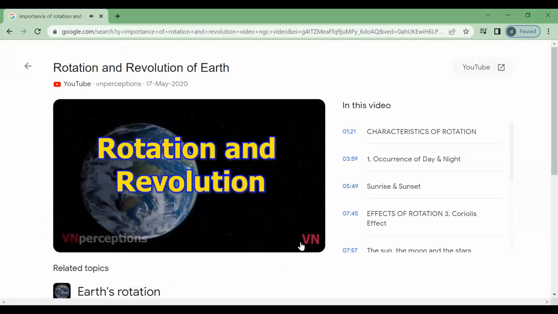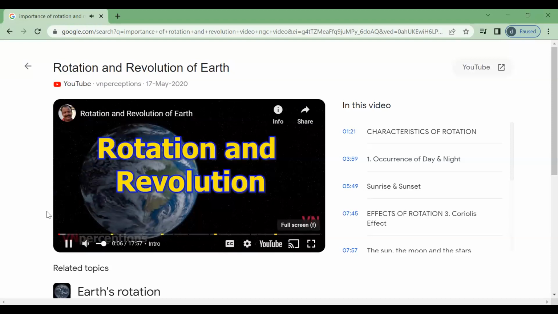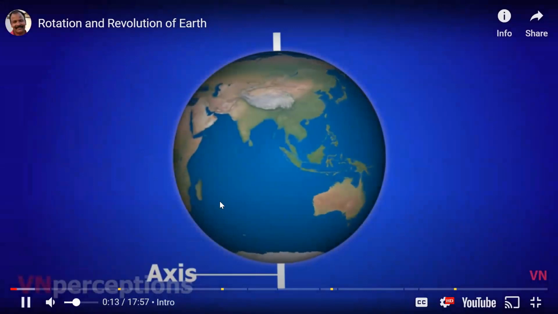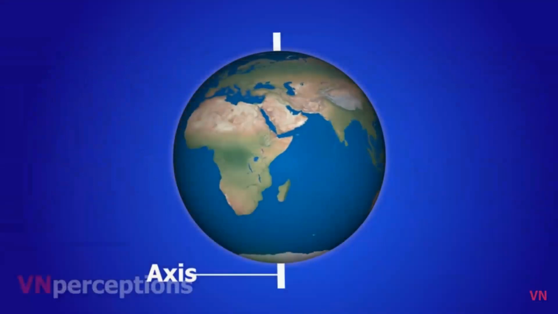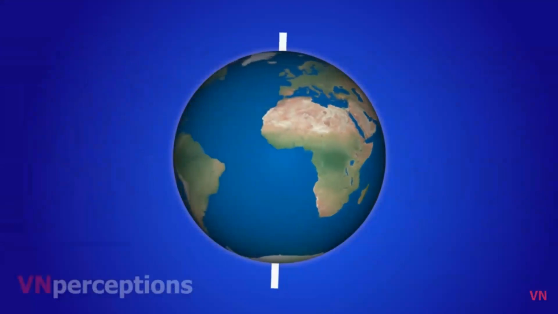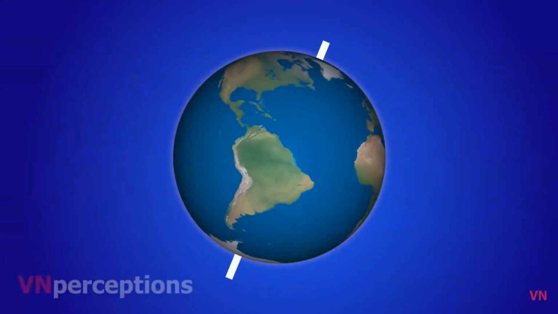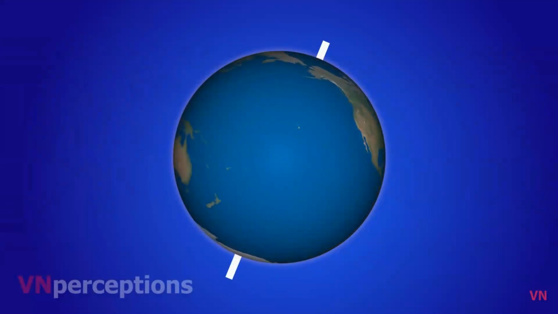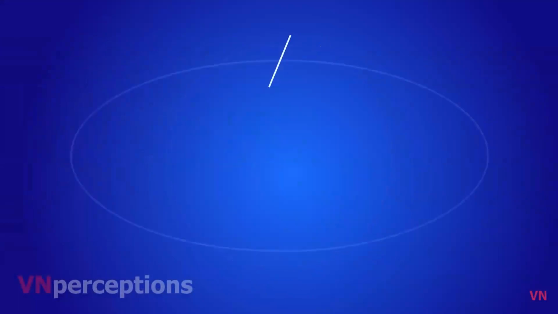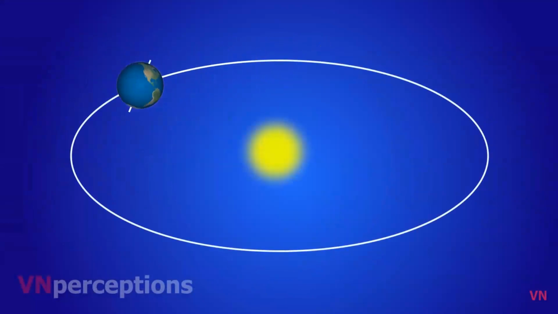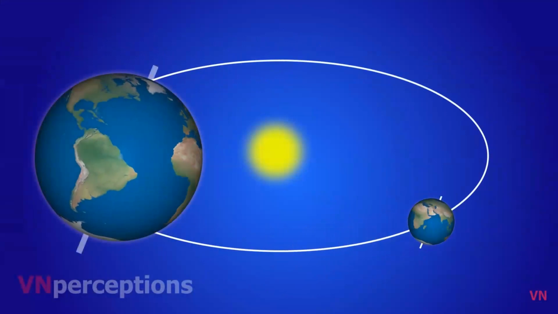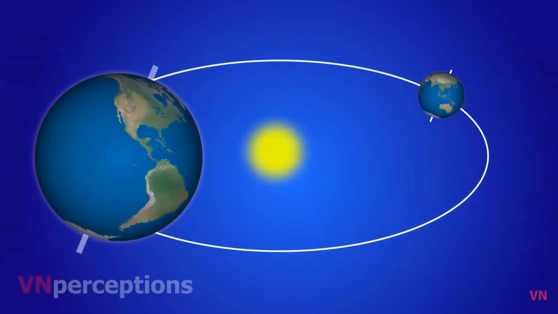Revolution of the Earth and its effects. The spinning of the Earth around its own axis, which is an imaginary axis, is known as rotation of the Earth. Now, this axis is tilted at an angle of 23.5 degrees from the vertical. And with this tilted axis, the Earth revolves around the sun, and that is known as revolution. So these are the two important motions of the Earth, that is rotation and revolution.